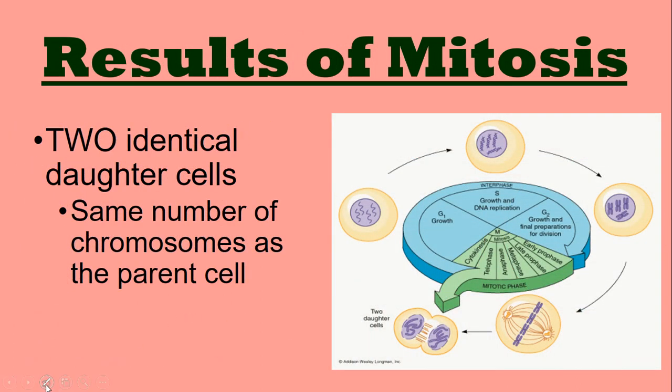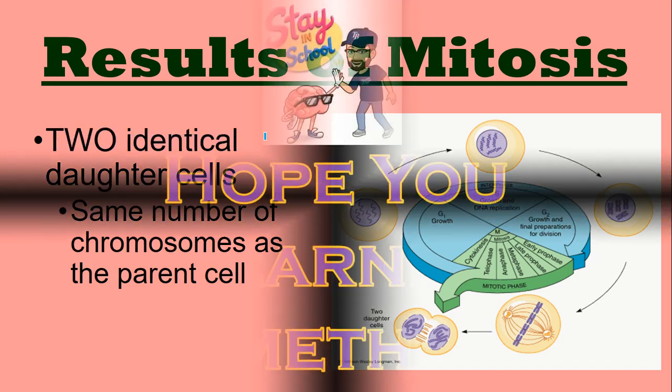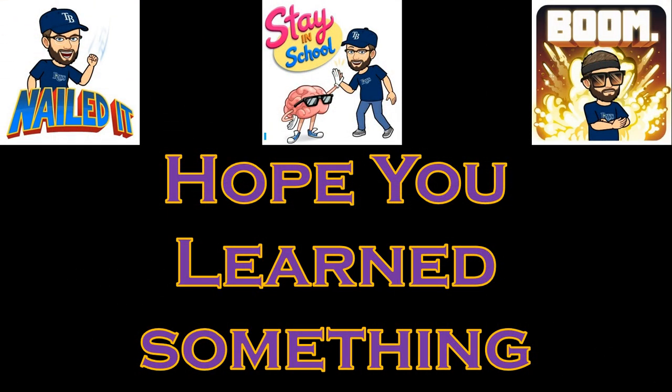So the result of mitosis is that there are two identical daughter cells. It means that they have the same number of chromosomes as their parent. So if you refer back, I started with 4 chromosomes in the parent cell, and each daughter cell had 4 chromosomes. But that is mitosis in a nutshell.